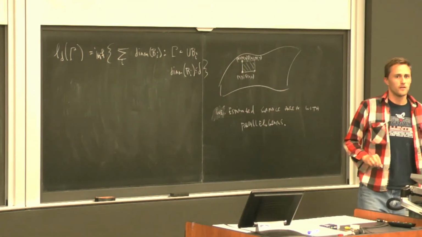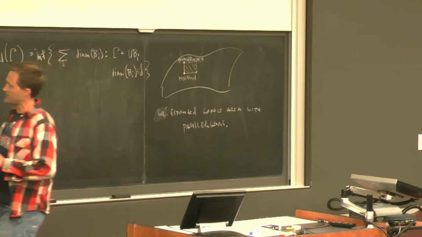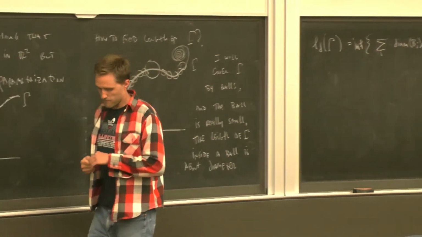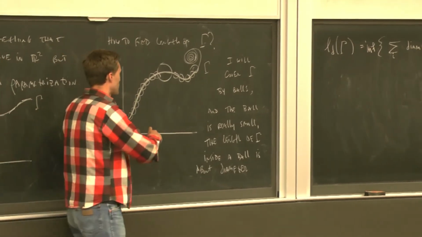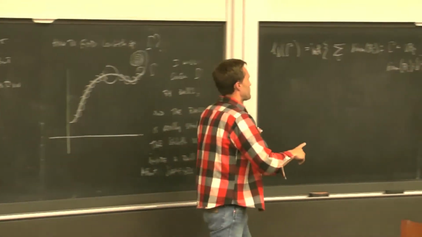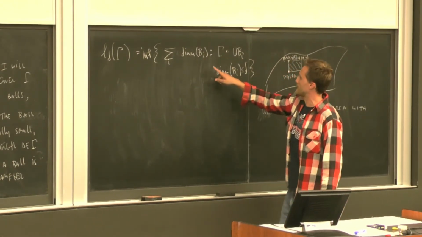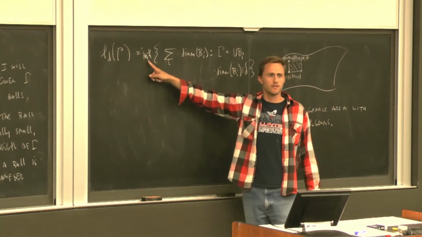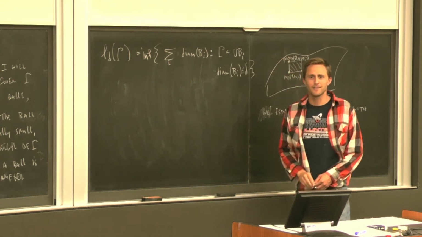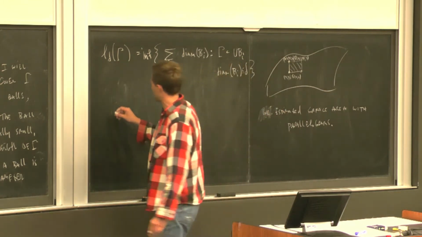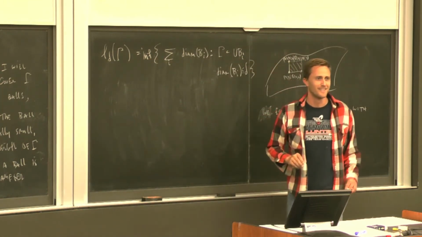And so my L delta length of this guy is: I take all the covers that have the diameters of their balls less than delta, I add up the lengths of their diameters, and then I take the infimum over those numbers, right? And then what do you think we should let delta go to? 0.